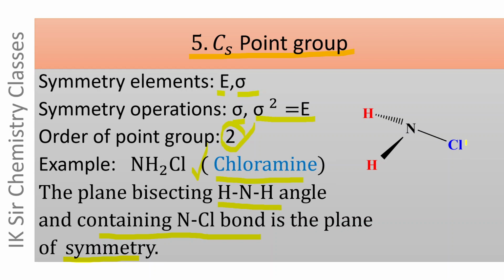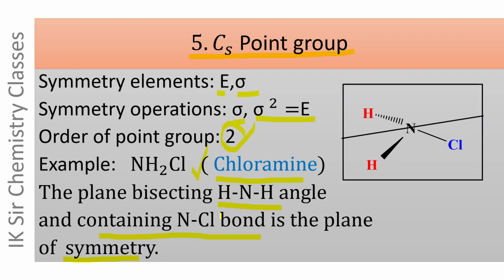This plane is a plane of symmetry because it divides the molecule into two equal halves which are just mirror images of each other. No other element of symmetry is present in NH2Cl molecule, and hence its point group is Cs.